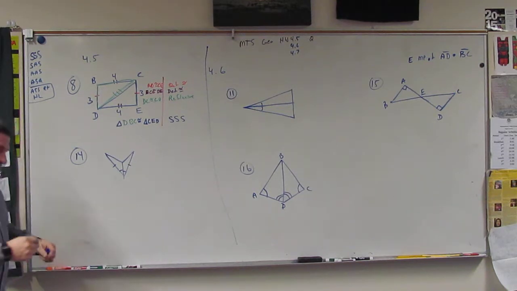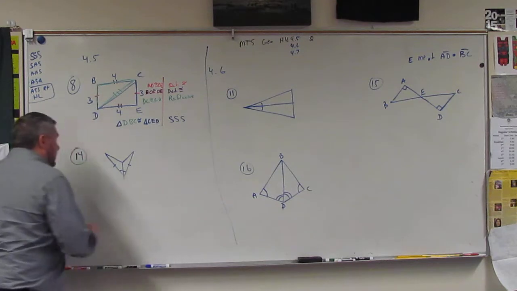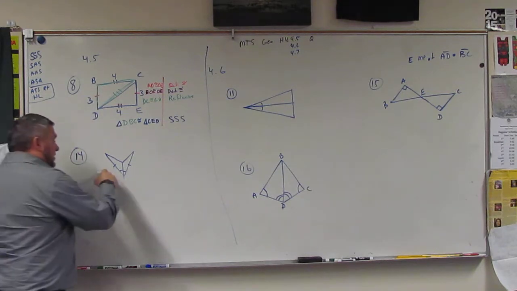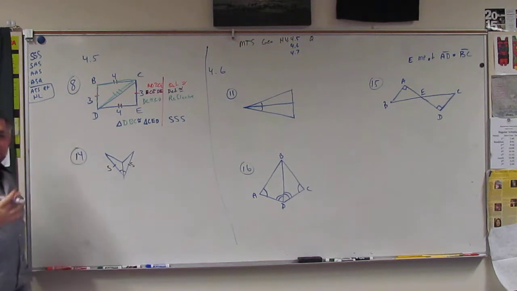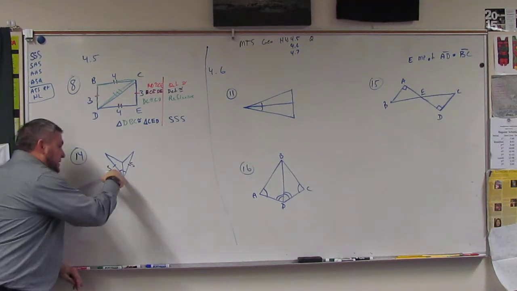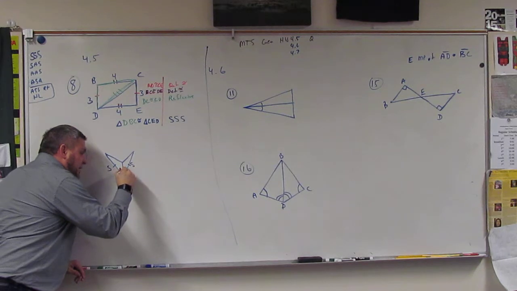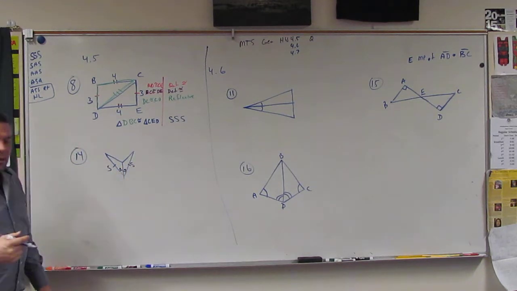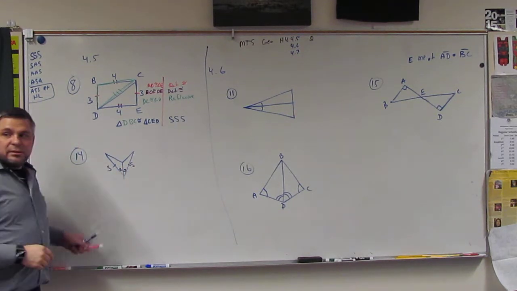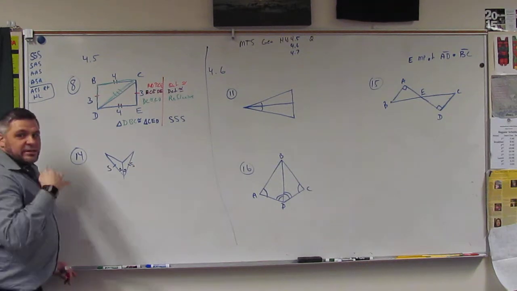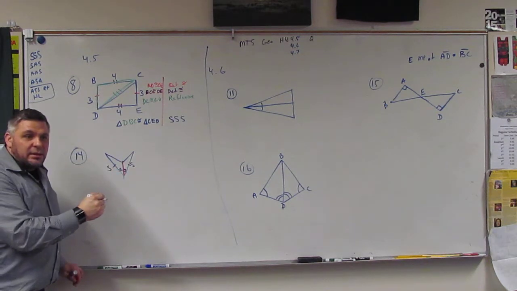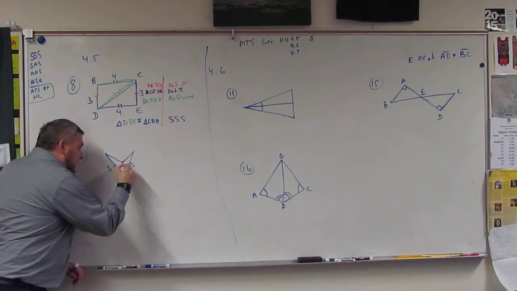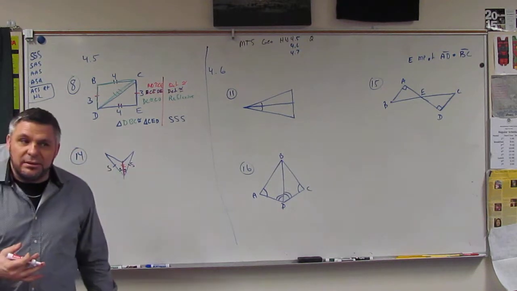What about this one? First of all, these two sides are congruent, right? So that's a side and that's a side. What is this? An angle and an angle, right? And then are they sharing anything? Do they share a side? Do they share this? So that means this side is congruent to itself, right?